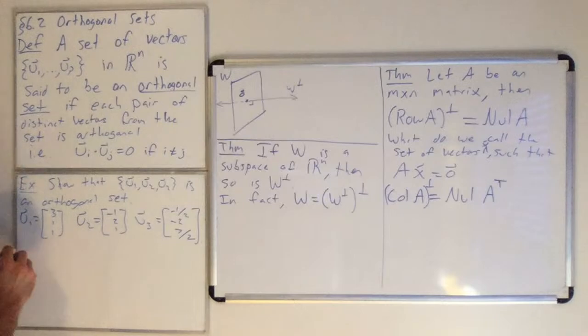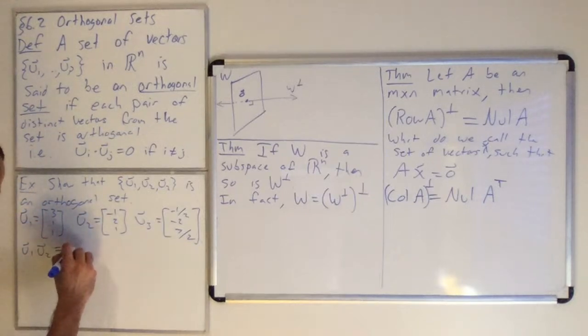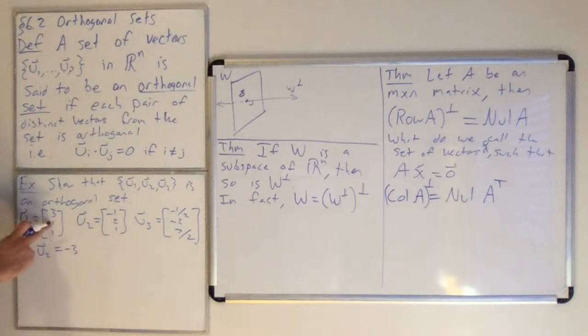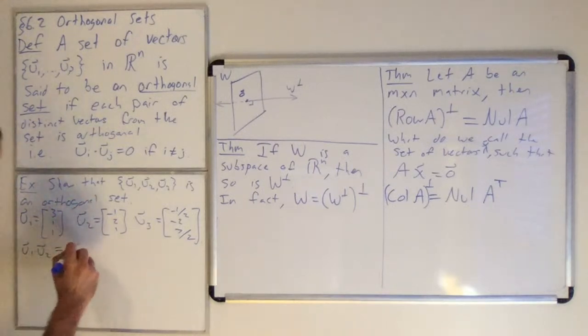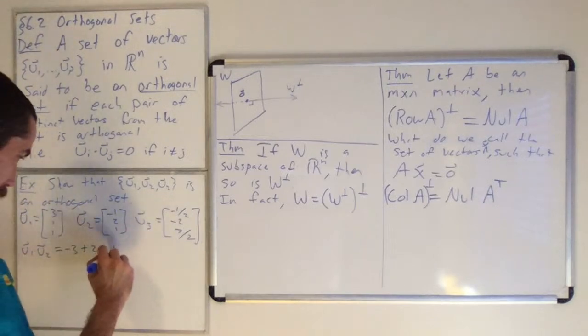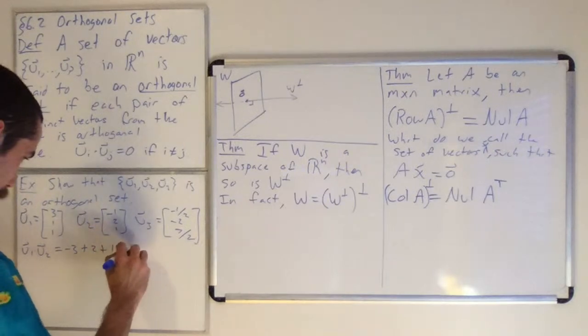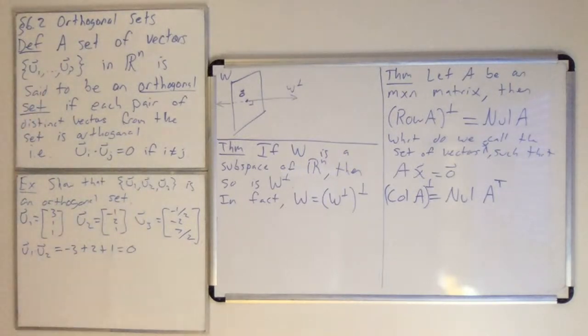We could do U1 dot U2. When we do that dot product, we have 3 times -1, which is -3, plus 1 times 2, which is 2, plus 1 times 1, which is 1, which is equal to 0.